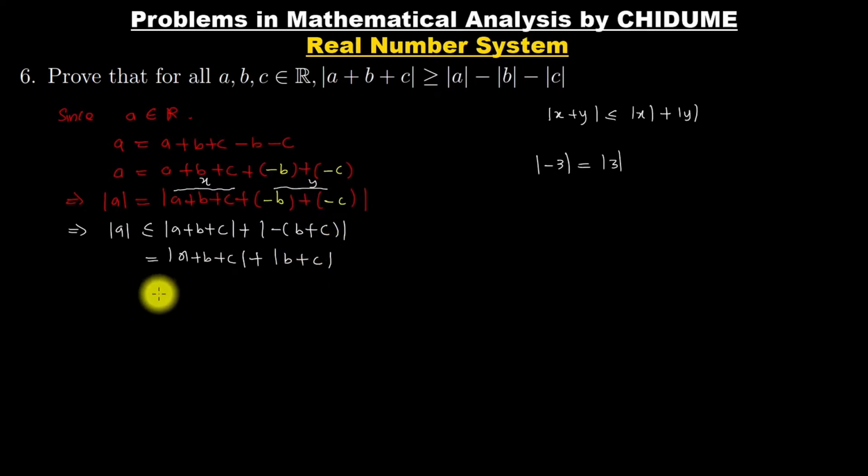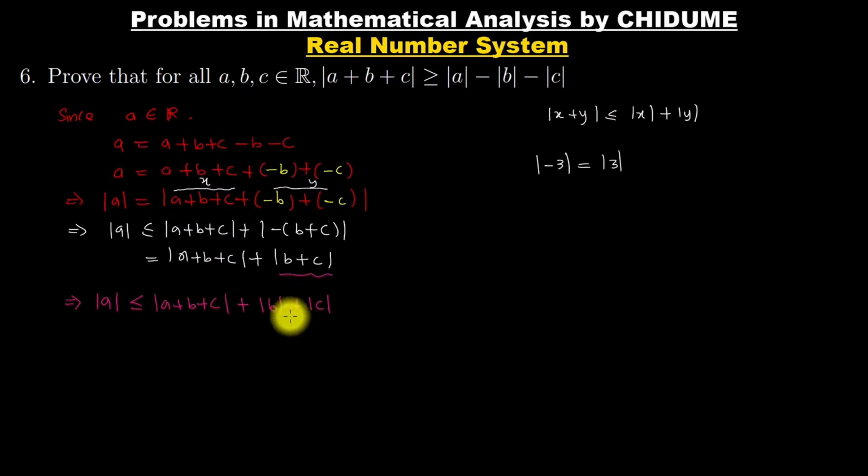Now if I apply the triangular inequality to the absolute value of b plus c, I'm going to have the absolute value of a less than or equal to the absolute value of a plus b plus c plus the absolute value of b plus the absolute value of c.